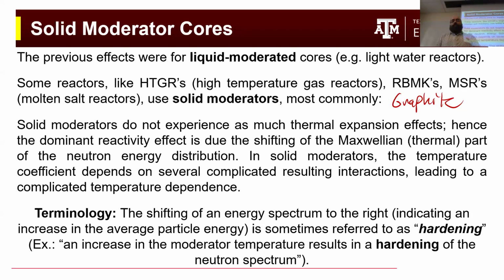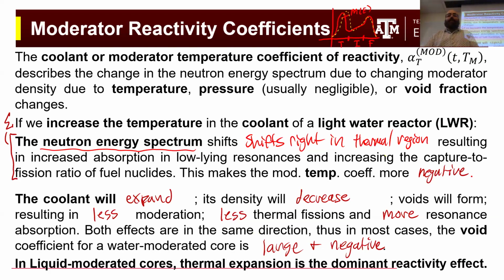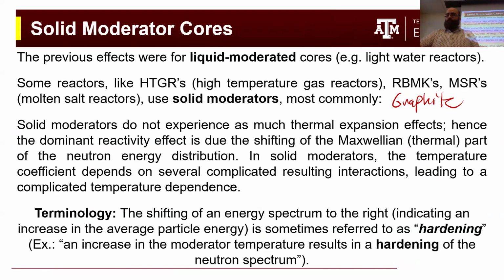So if they don't experience thermal expansion effects, the main effect from a solid moderator is just going to be that shift in the thermal energy spectrum, which is going to affect our cross sections. So the solid moderator is only affected by this first information right here. This second part of the information that's talking about expansion and contraction, those effects aren't as pronounced if it's a solid moderator in the core.